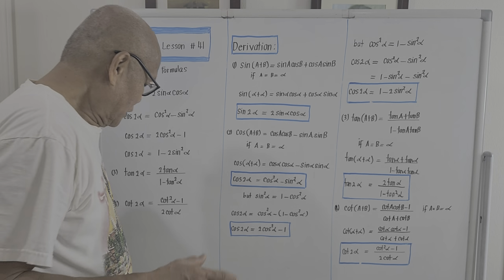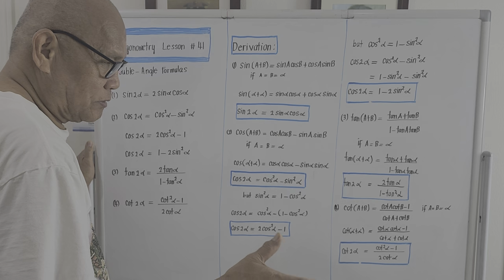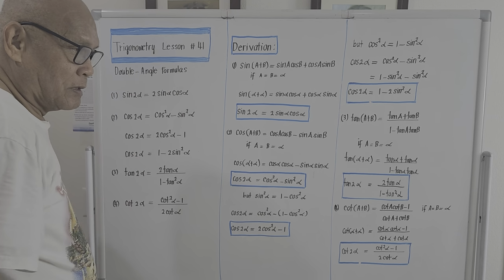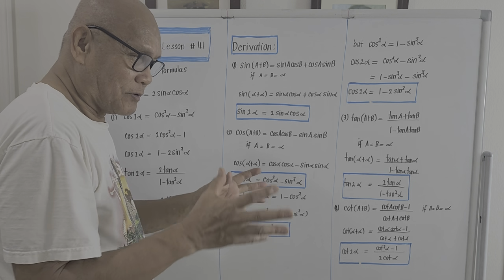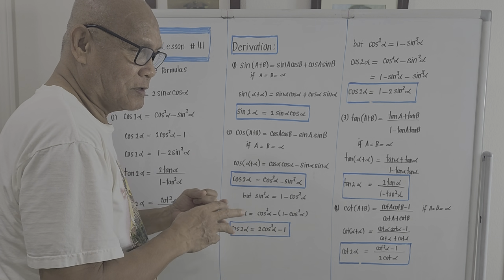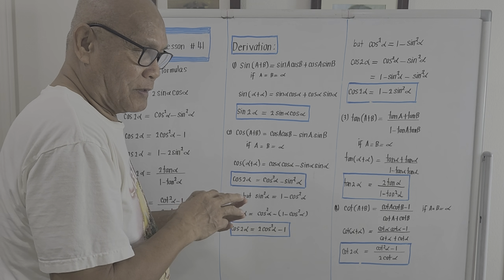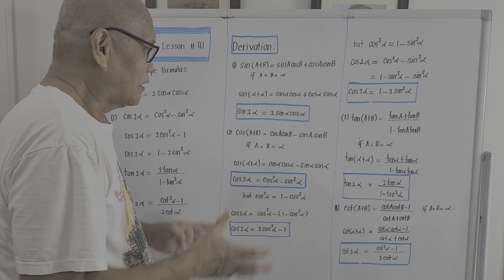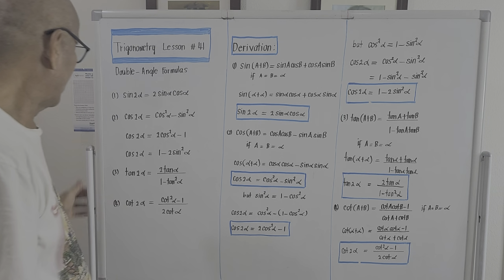So this afternoon, by using those identities, we could bring out the so-called double angle formulas. These formulas were actually derived from the previous discussions, that is the expansion of the sine of the sum and difference, cosine of sum and difference, tangent of the sum and difference, and cotangent of sum and difference. So by using those concepts, let's try to bring out the so-called double angle formulas.